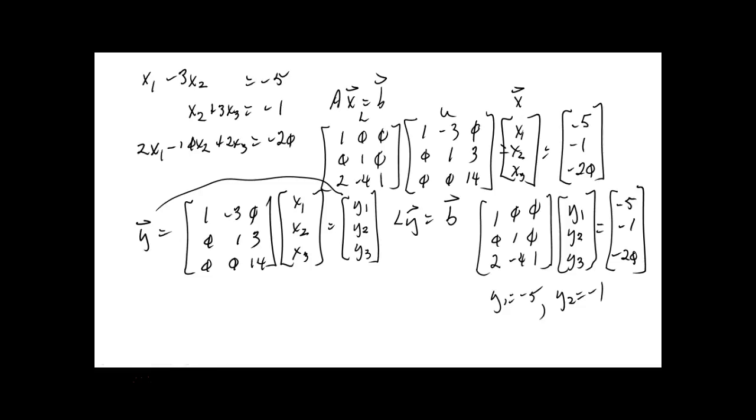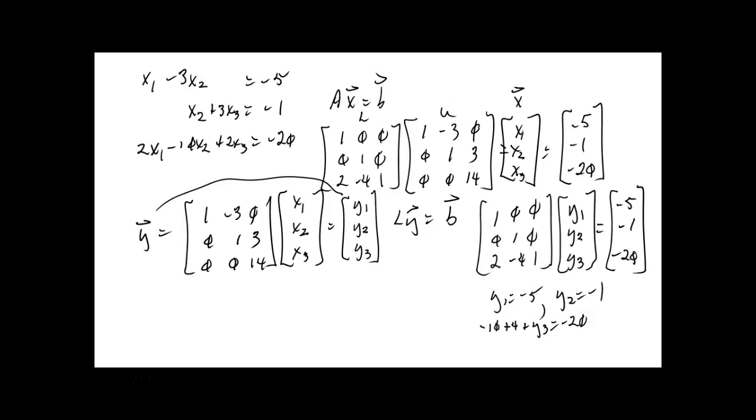And then negative 10 plus 4 plus y3 is equal to negative 20.